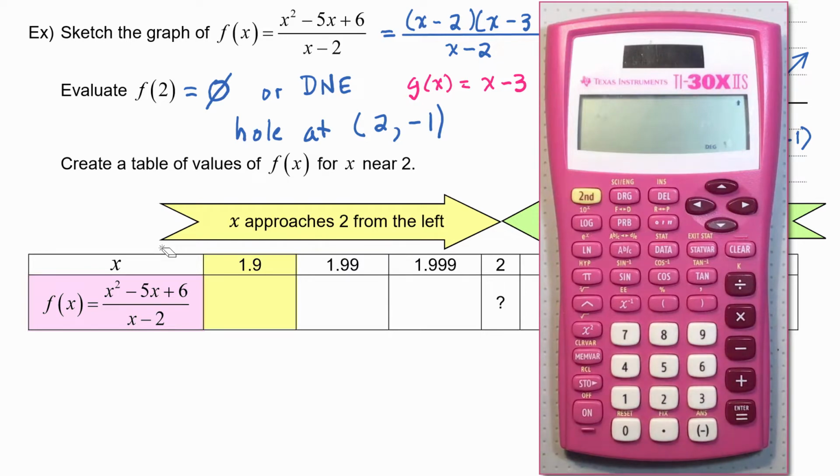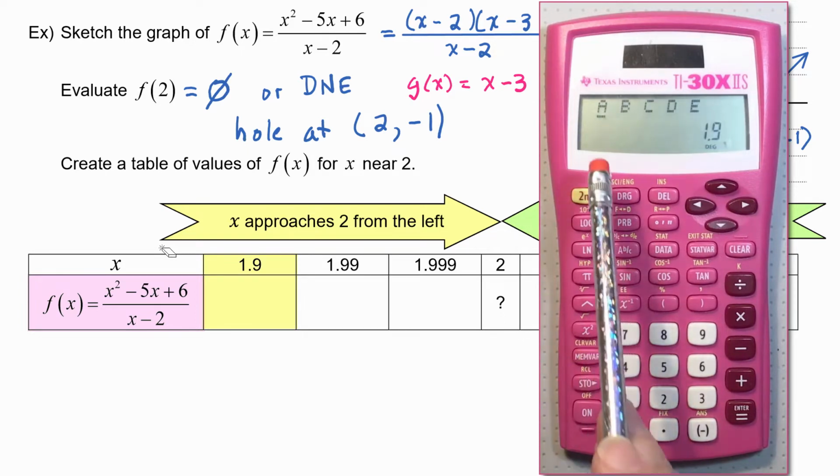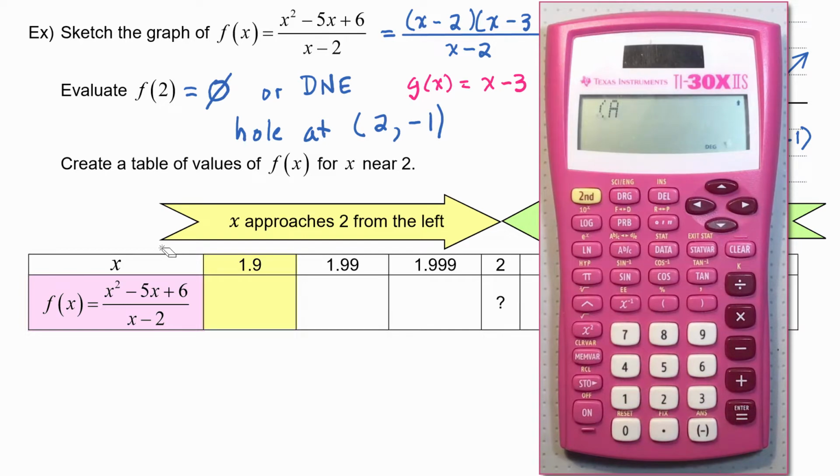Now what I want to do is input memory variable A into our function. We will need to put a set of parentheses around our numerator. So open the left parenthesis, hit memory variable, we want A. We need to square that, then subtract 5 times memory variable A again, and then we need to add 6 and close with the right parenthesis.